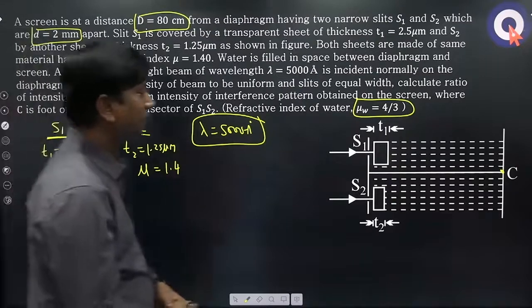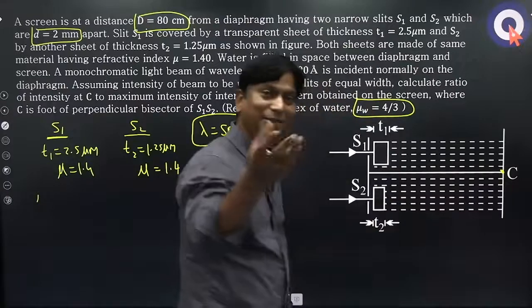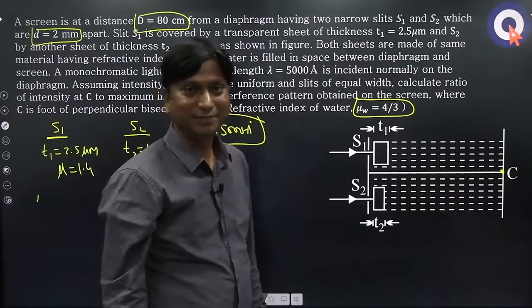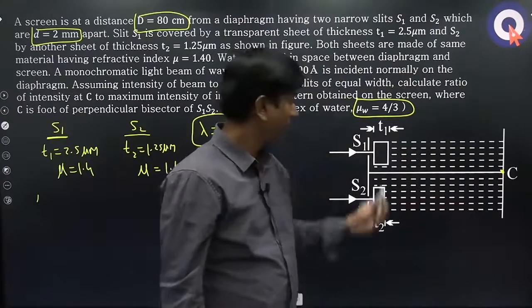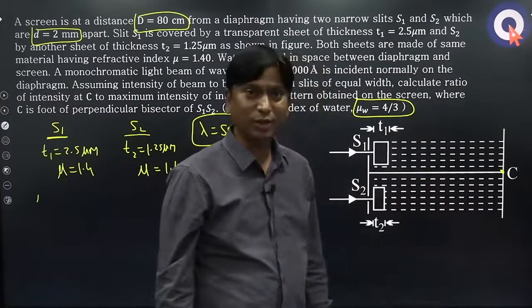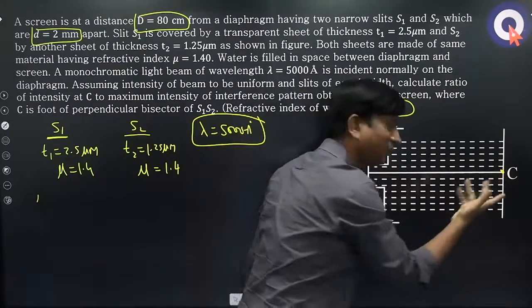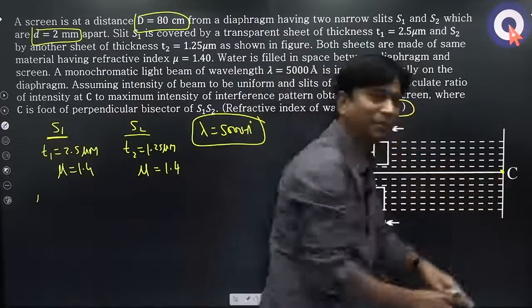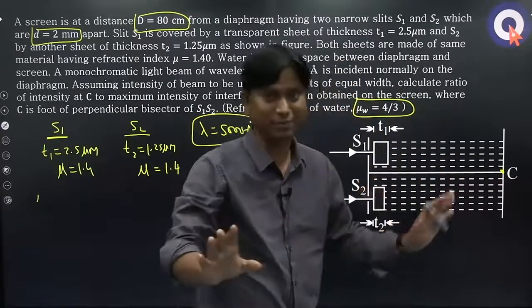See, actually when these slabs were not there, at C only you will get a maximum intensity 4I0, correct or not? Even though water is there, no problem. When no glass slabs are there, but still if you cover with water totally, the path length in water is the same for both, so both the waves will reach at the same time. That is why you will get 4I0 at C provided there are no glass slabs.